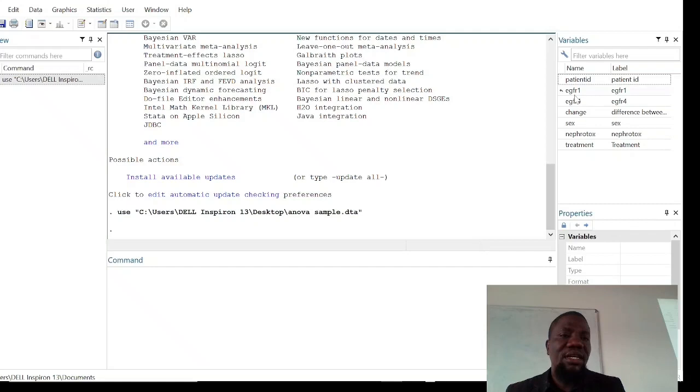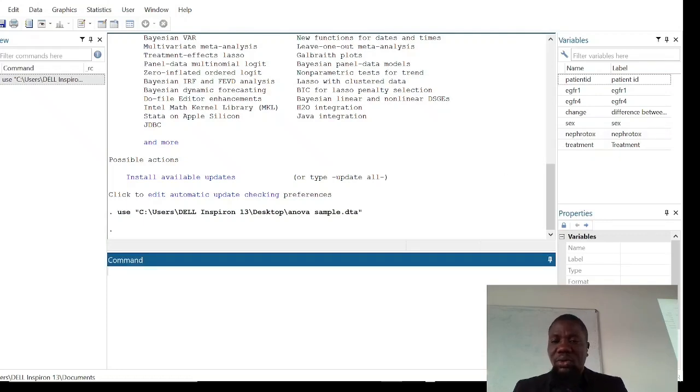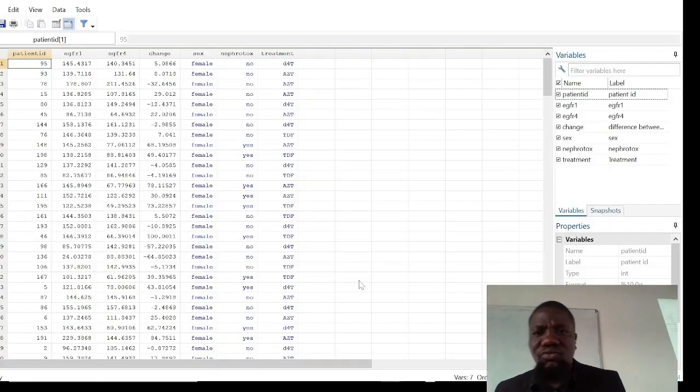The patient ID, estimated glomerular filtration rate at baseline, and estimated glomerular filtration rate after treatment, the difference between the baseline and after treatment, the sex, the toxicity, and the treatment. If you want to see what this looks like, more like an Excel sheet, this is what it looks like.